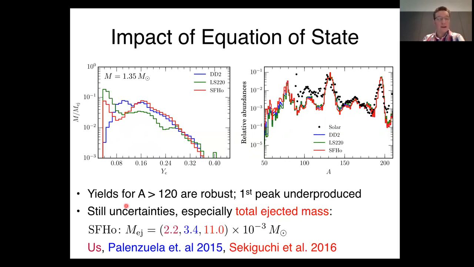For example, for the SFHo binary, our simulations find around 2 times 10 to the minus 3 solar masses of ejecta, while other simulations find almost a factor of 5 larger. And these simulations have very similar microphysics and hydrodynamical evolution schemes.